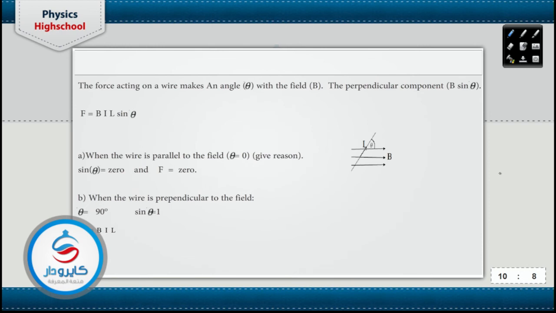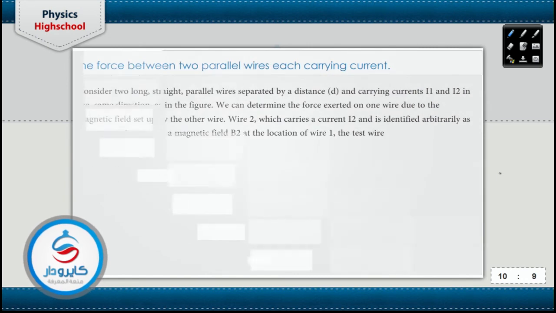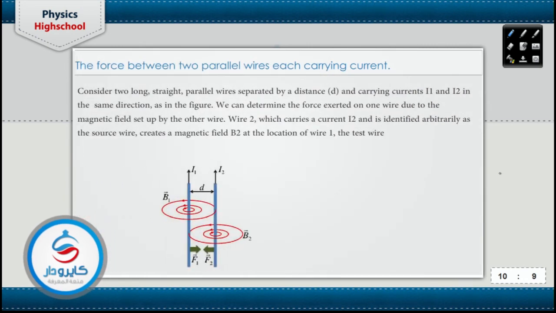Since F equals BIL sine theta, therefore F equals 0 يعني الفورس 0 يعني الواير ما بيتحركش.